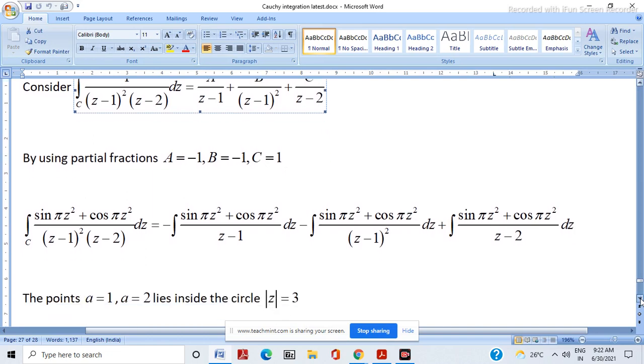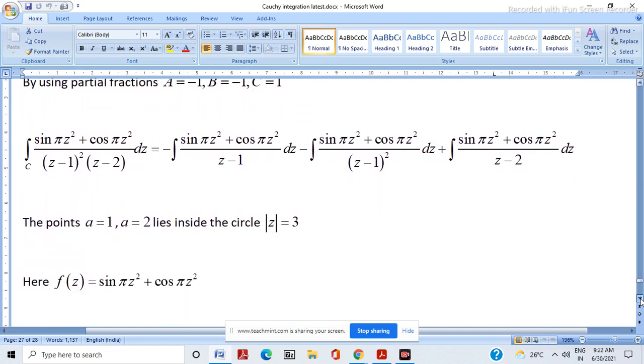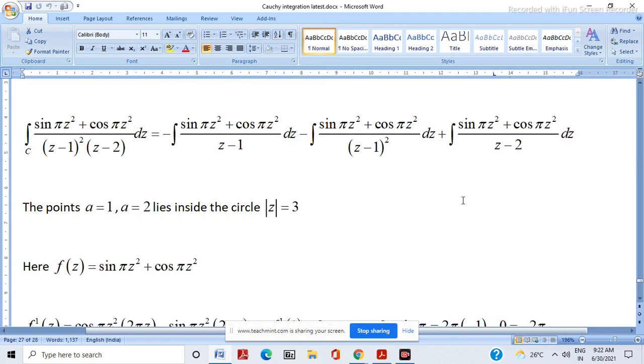Now for each one, we know that all the points lie inside C. Then we have to apply only which theorem? Either Cauchy's integral formula or Cauchy's generalized integral formula. For the first one, we should apply Cauchy's integral formula. For the last one also, Cauchy's integral formula. But for the middle integral, the second integral, we should apply Cauchy's generalized integral formula.